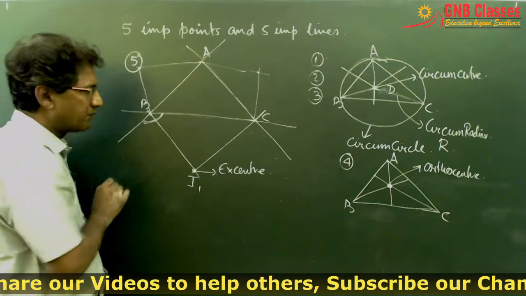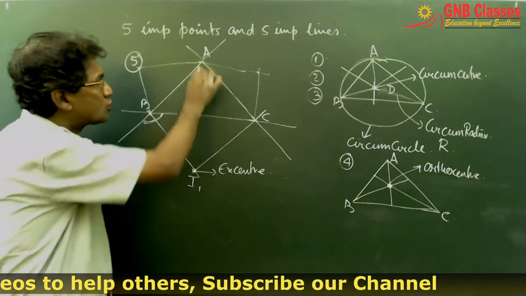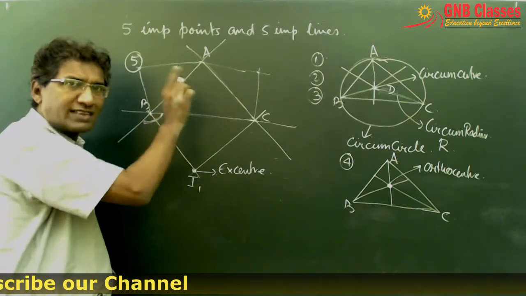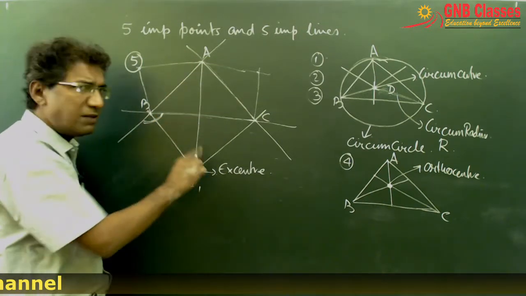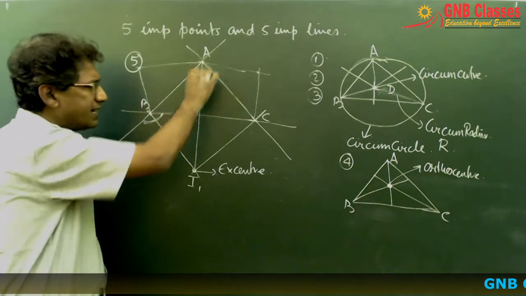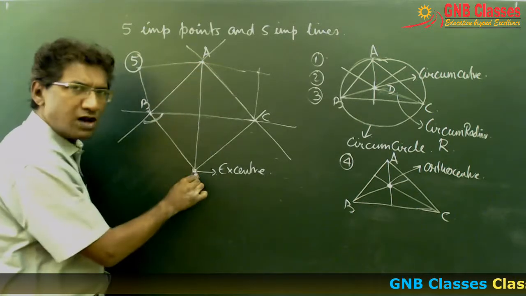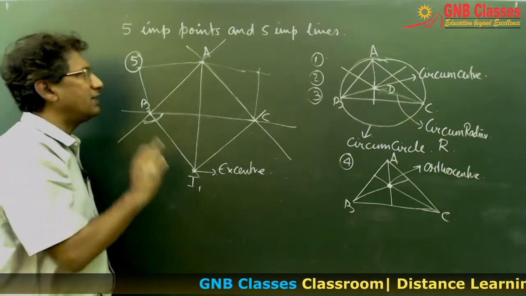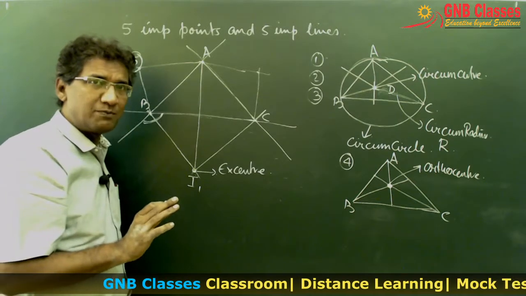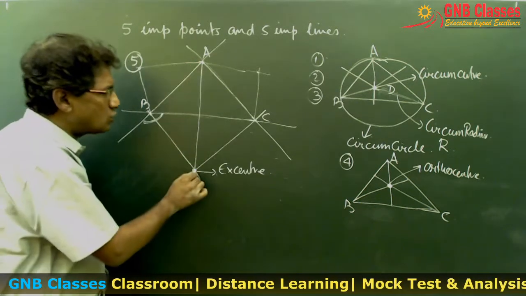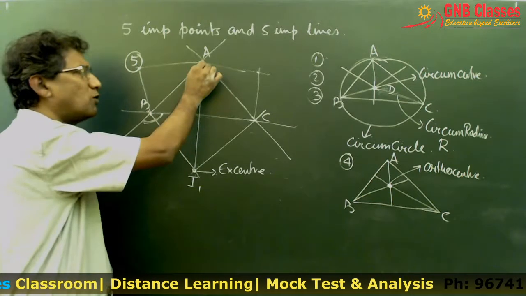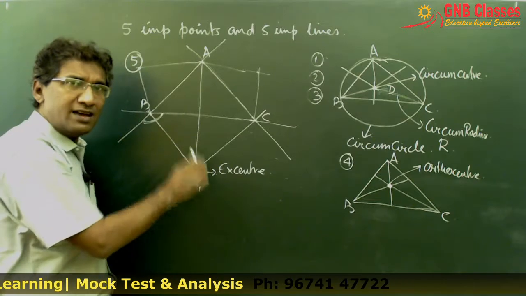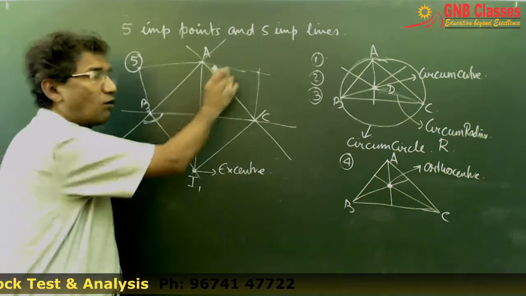Now, if I join this excenter with the opposite vertex of the triangle, remember it very carefully, if we join AI1, then AI1 will be the internal angle bisector of angle BAC of the triangle ABC. Is it clear? So when we join the excenter with its opposite vertex of that triangle, that line will be the internal angle bisector of that angle.